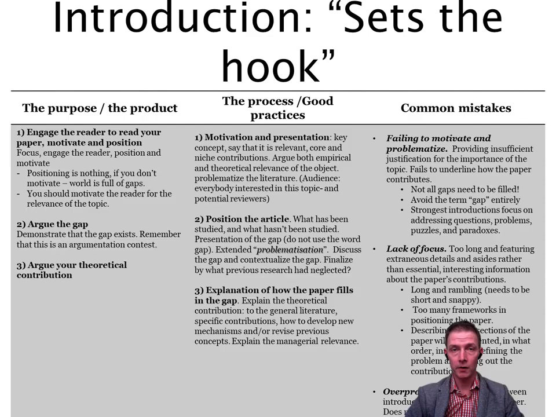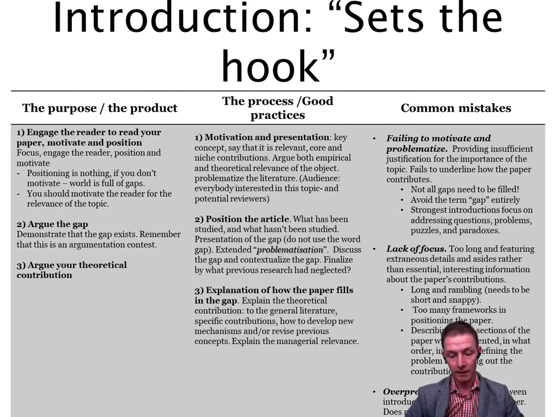Position the article. The second section was about the positioning of the article. So what has been studied and what hasn't been studied, presentation of the gap without using the word gap, extended problematization. You discuss about the gap and you contextualize the gap. You finalize by what previous research have neglected.